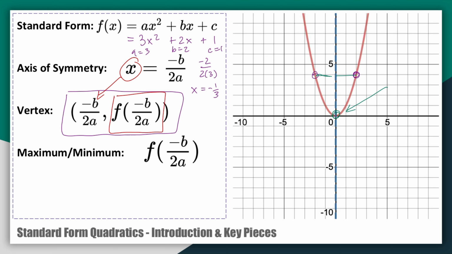Now again, you see that pattern here for maximum or minimum point. It is the y value, right? Because your y value is either going to be the highest or the lowest point, which now we're going to be talking about as the maximum or the minimum, or you might even see maxima or minima. I won't really be using it that way, okay? But that y value will be your maximum or your minimum point.